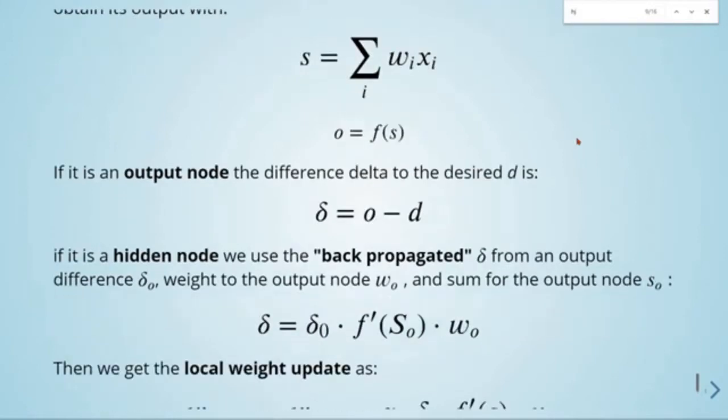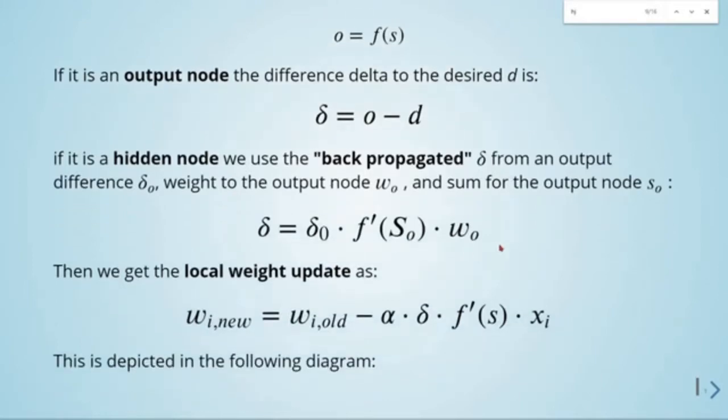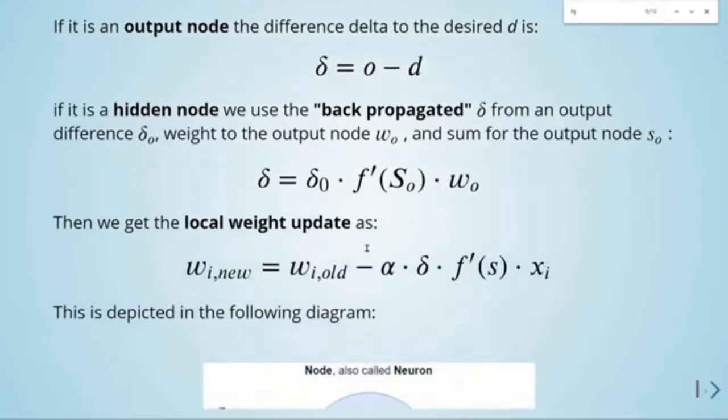So if it is an output node, the difference delta to the desired output d is given by O minus d. If it is a hidden node, we use the backpropagated delta from an output difference delta_O, weight to the output node W, and sum for the output node S_O. We have this. Then we get the local weight update given by this formula here.